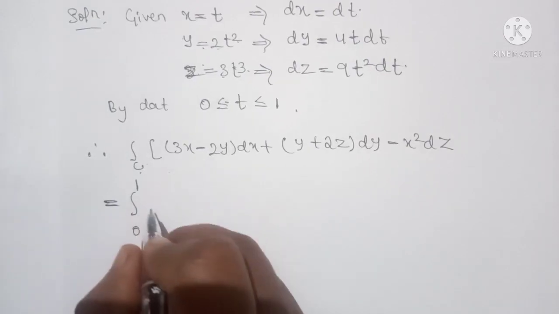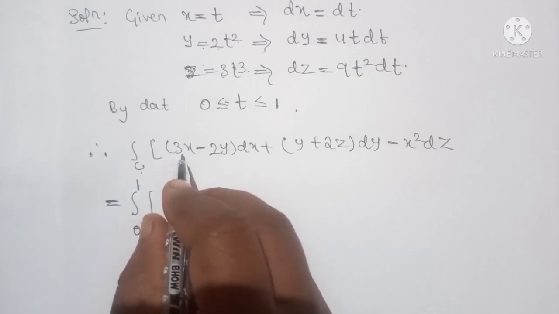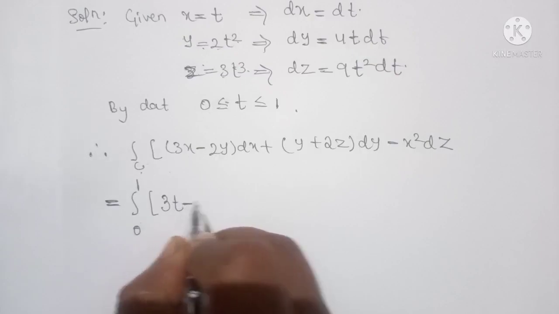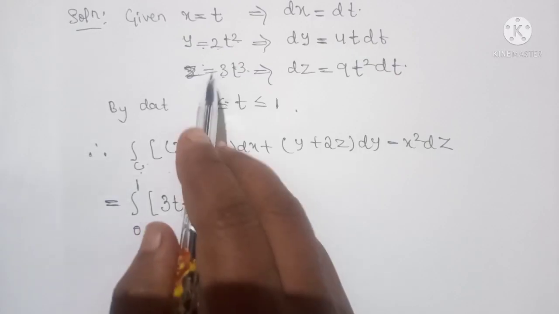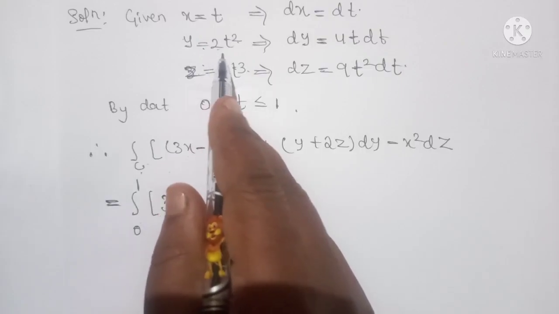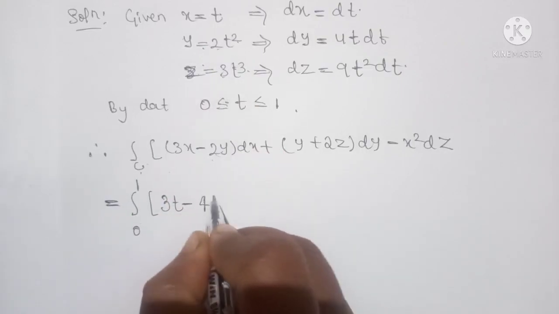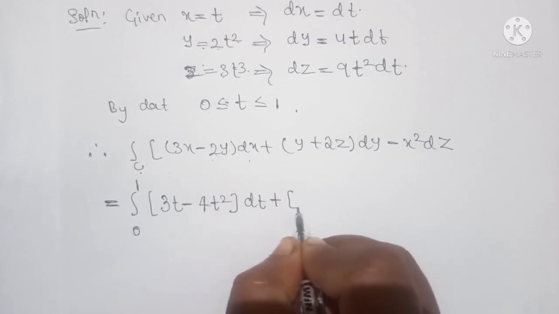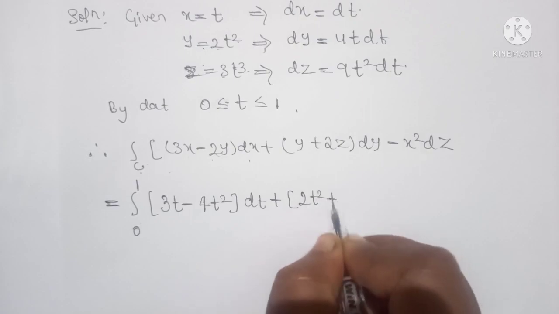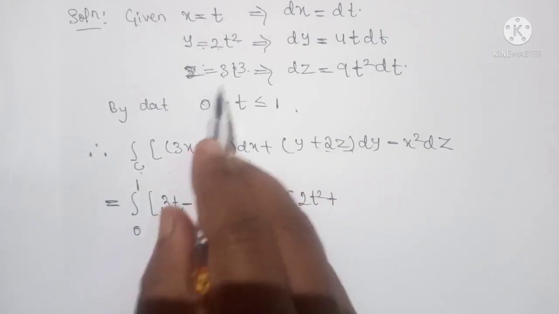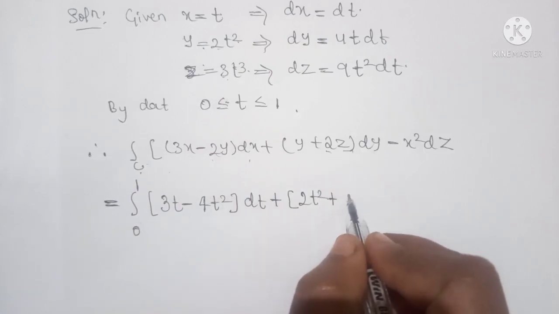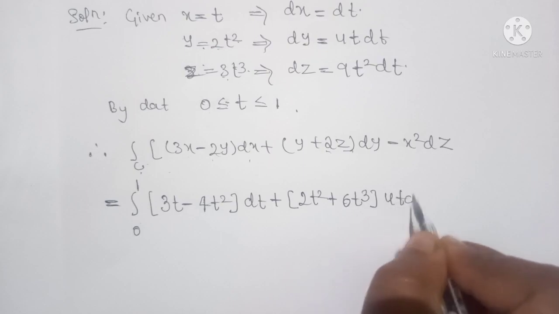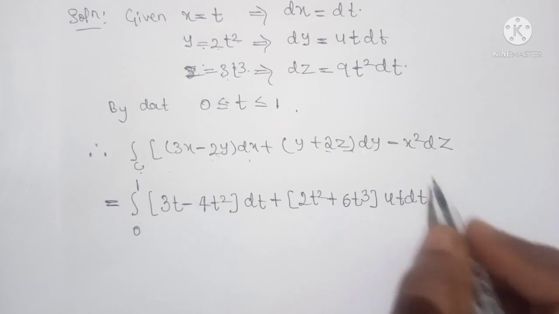So substituting all the values here we get 3t minus 2 into y. Here y is nothing but 2t square, so 2 into 2 is 4t square, into dx value, which is dt, plus y, which is 2t square, plus 2 into z, 2 into 3 is 6t cube, into dy value, which is 4t dt, minus x square.